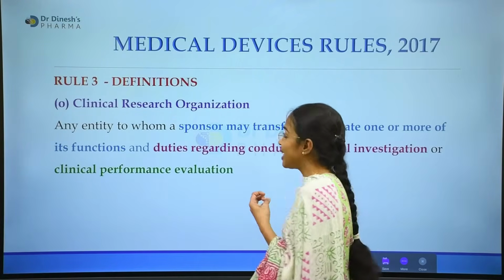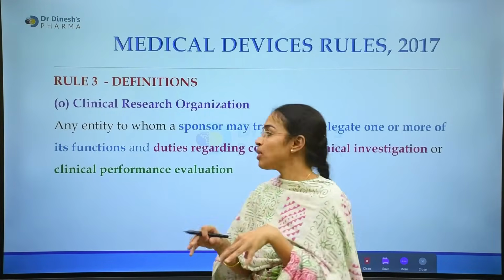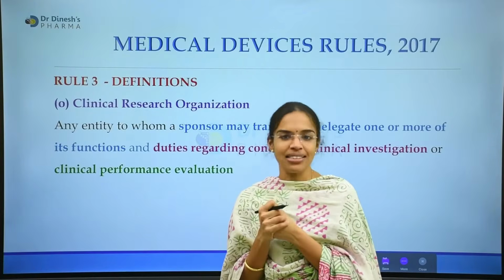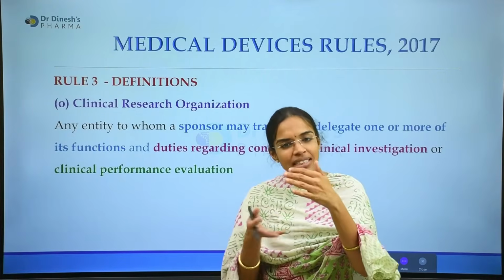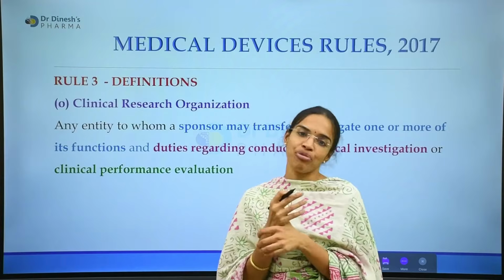So what is the clinical research organization here? It is the mediator or connecting body between a sponsor and the conduct of the clinical study, the place or medium where the clinical investigation is conducted. It is a connecting framework.